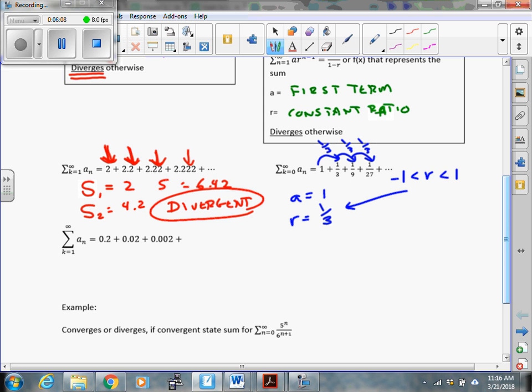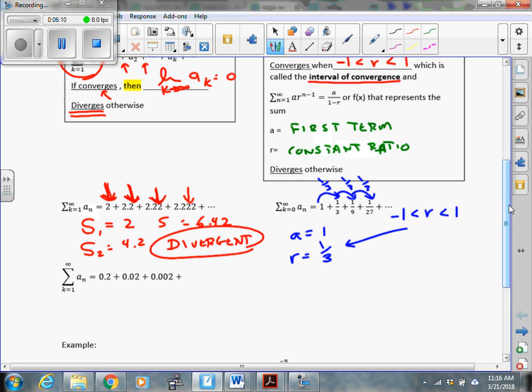Not only that, because it converges and it's geometric, see this right here? That's the geometric series formula. As long as it converges, it will equal that value.